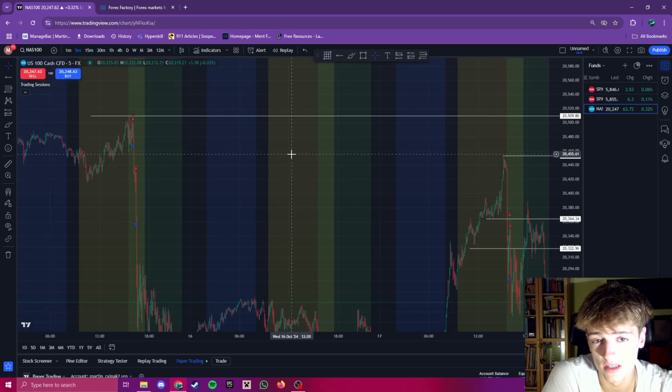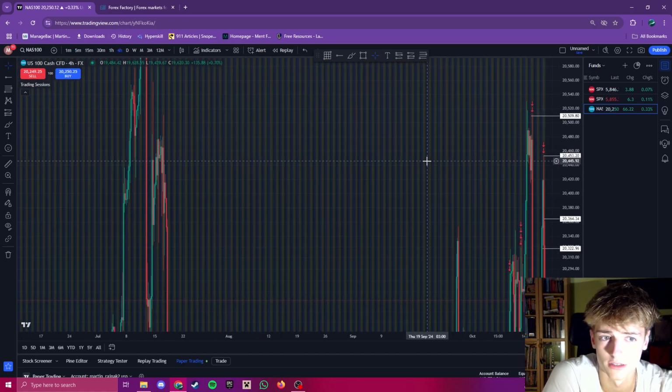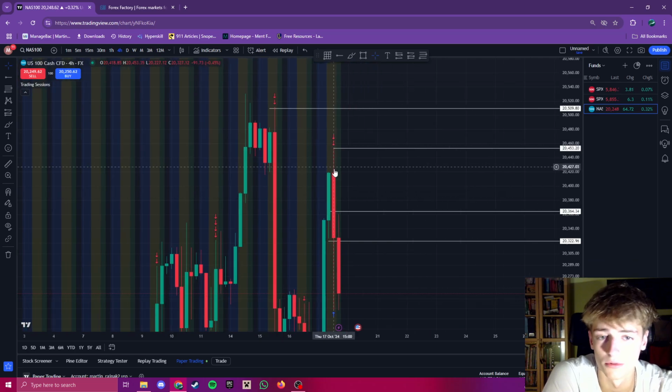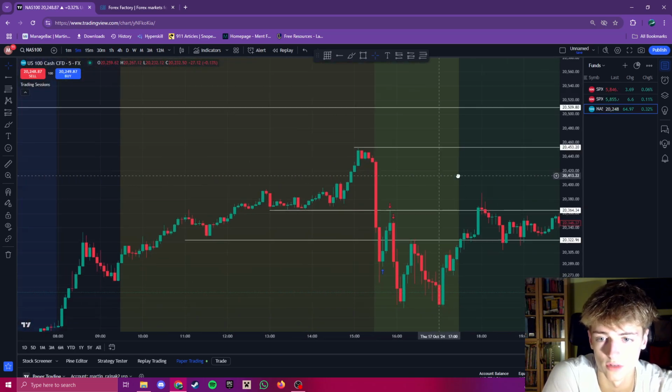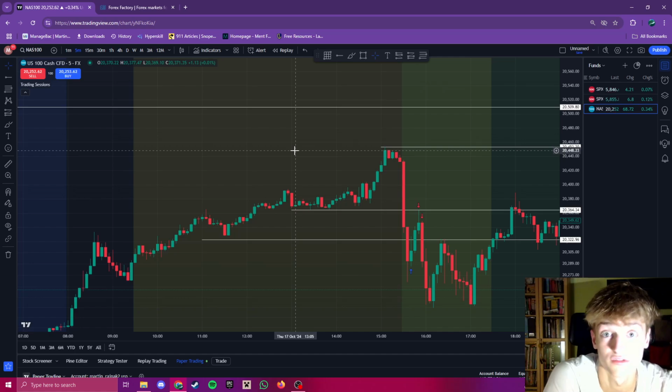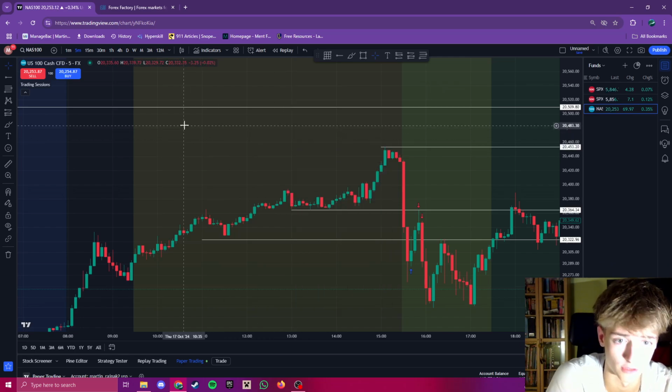So this could be seen as a 4 hour SMT. You didn't know then, but now you can see it as a 4 hour SMT. But we're not trading on the 4 hour, we're trading on the 1, 5, or maybe 15 minute, so it doesn't matter.